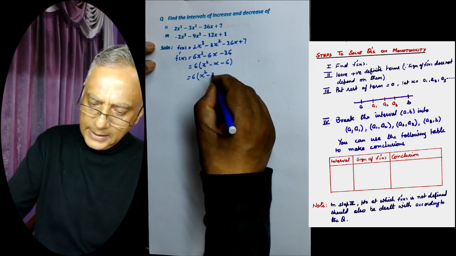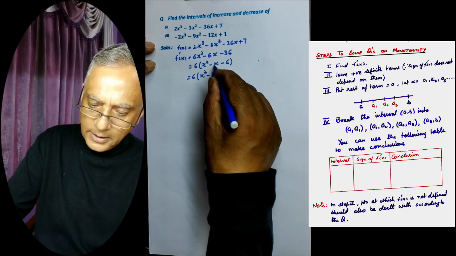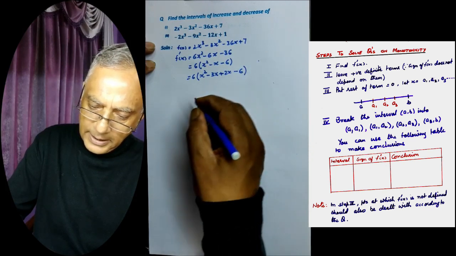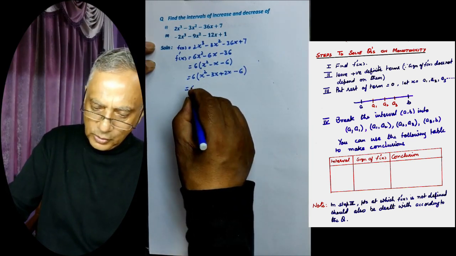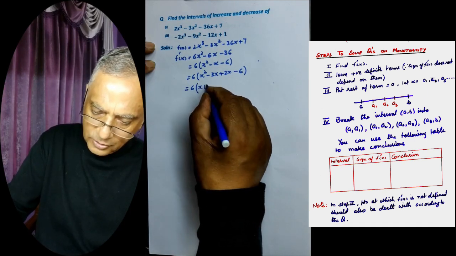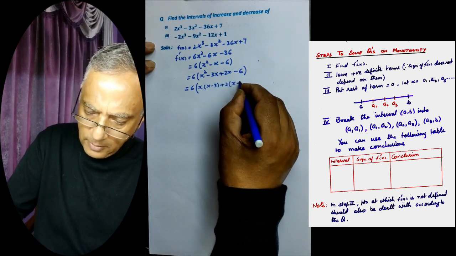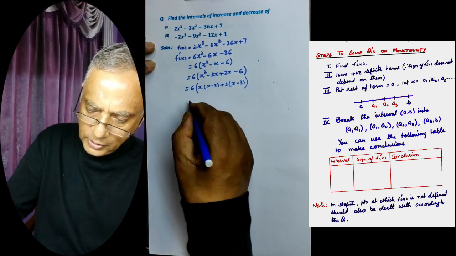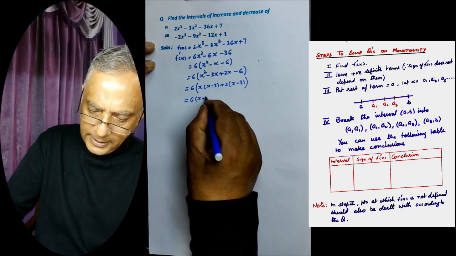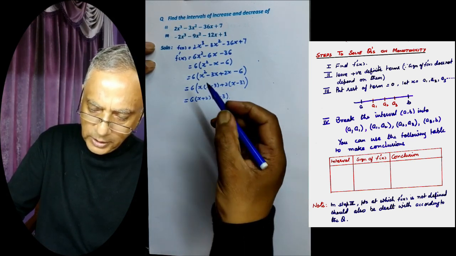Now 3 twos are 6, so we will have minus 3x plus 2x. Sum of these two is minus x and product is minus 6. So this is equal to 6 into x plus 2 into x minus 3.